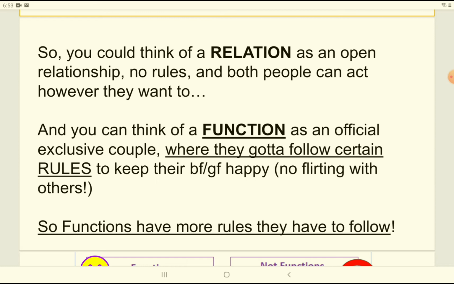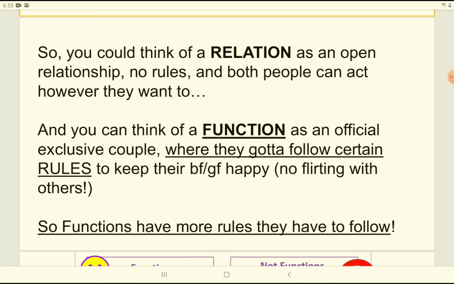We all know a couple, where they gotta follow certain rules, certain guidelines to keep their partner happy, right? So one major rule that you guys can automatically think of is don't cheat. Don't flirt with other people. That's not gonna make your partner happy. Right? If it's an official, exclusive thing.